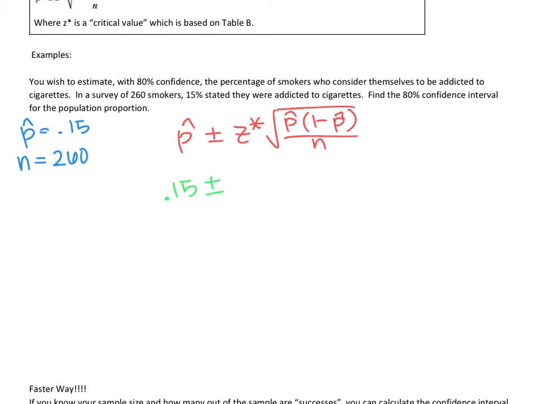So using our table, we go to 80% as our confidence level, and our Z critical value is 1.282. Then we'll have 0.15 times 0.85 all over 260 underneath our square root.